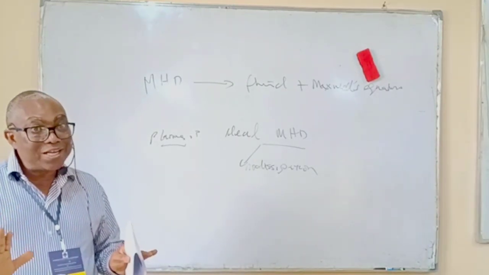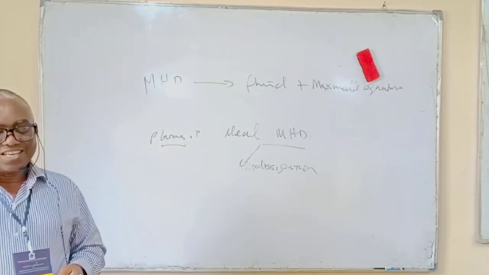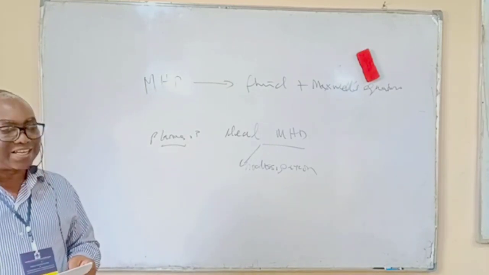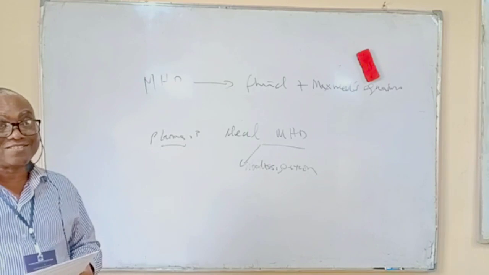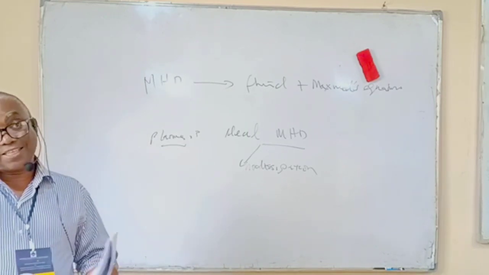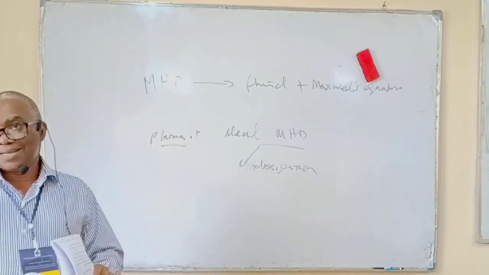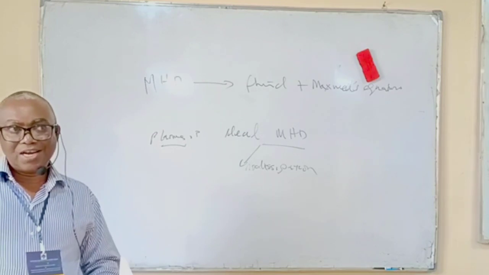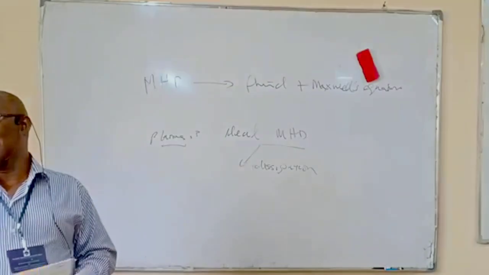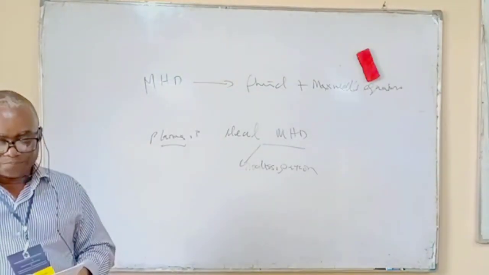Plasmas are actually a unique state. They are unique in the sense that they describe ionized gases. And I've said when it is ionized, the mass of neutrons and that of ions are the same. They are equal under quasi-neutrality.